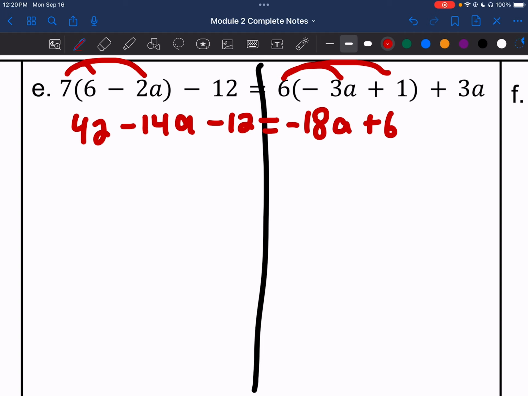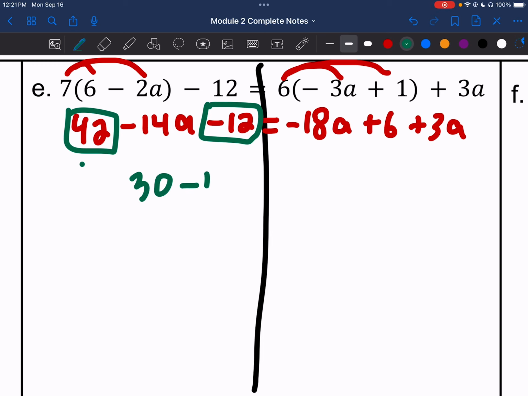And don't forget, we have a 3a out to the right-hand side. So now let's combine like terms on each side of the equation. So combining like terms, we have 42 minus 12. So that's going to be 30 minus 14a is equal to, I have a negative 18a plus 3a, so that'll be negative 15a plus 6.